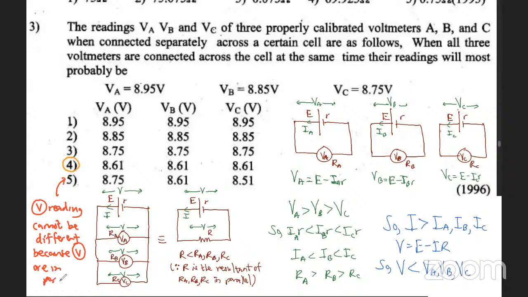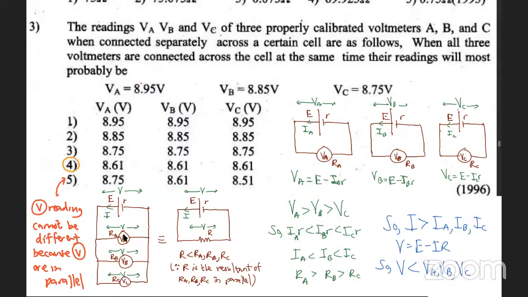That's why the last one is wrong, and the first answers are not possible because when you put the resistors in parallel, the resultant resistance will be smaller than all the individual resistors. Therefore, you should get a large current. When the current is large, the potential difference is small. So this is wrong. Fifth one can't be the answer, but fourth one is possible because it is less than all these numbers: 8.95, 8.85, 8.75. Okay, fourth one, right.